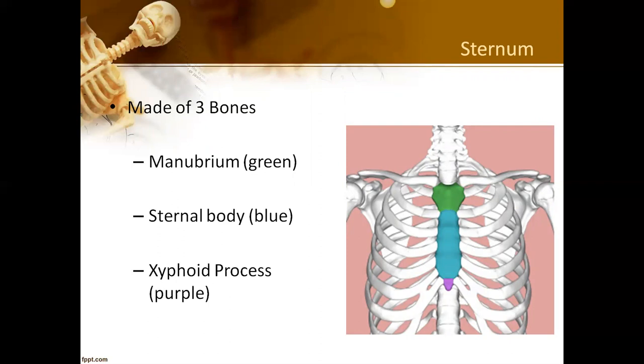Now, if you were to touch your breastplate toward the bottom, you can find the xiphoid process, it's right where you begin to feel a little indentation. And if you do that right now, you can feel it pretty easily. So that's where your xiphoid process is.